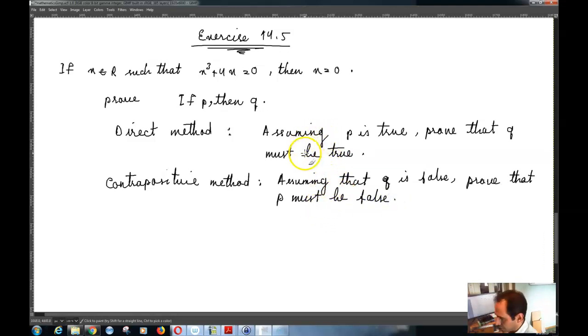So that's basically the direct method and the contrapositive method.